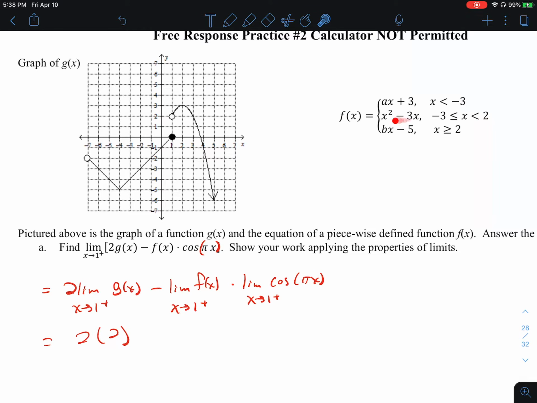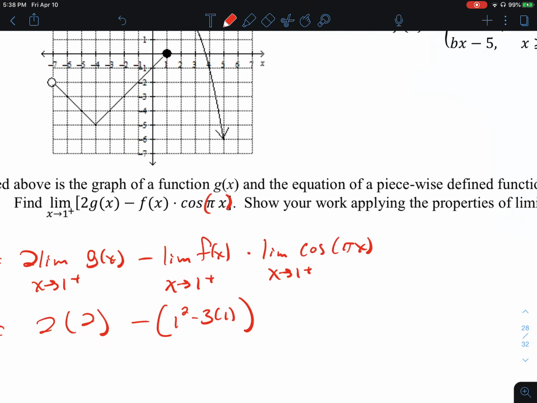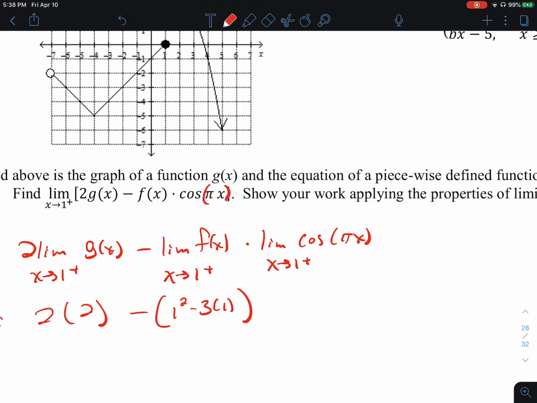So if we approach 1 from the right, it's like putting 1 in here. It's 1 squared minus 3 times 1. And then cosine of pi x as x approaches 1, well, that's going to be cosine of pi times 1.